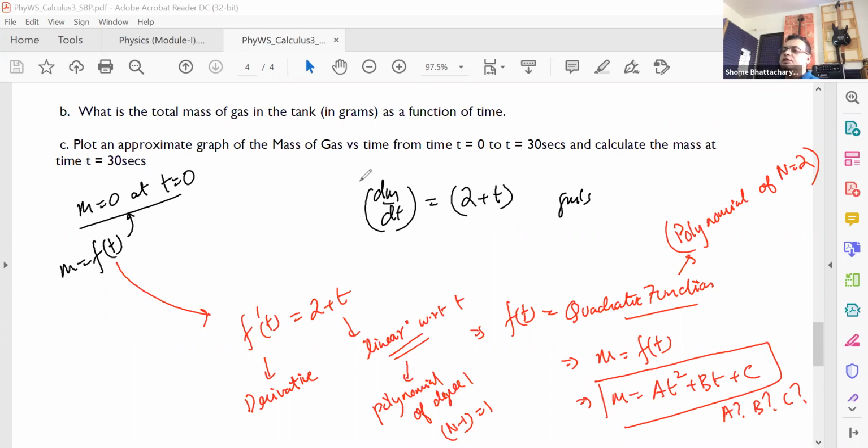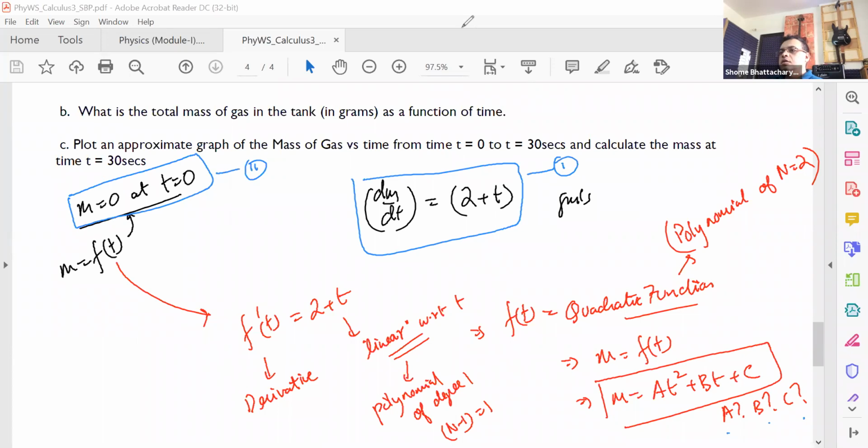One is this, and the other is this. So try to use these 2 pieces of information to find the unknown quantities a, b and c, and then from that obviously we'll get the final answer. Okay, so just try to work this out from this point onwards. I'll give you the full solution in a minute.